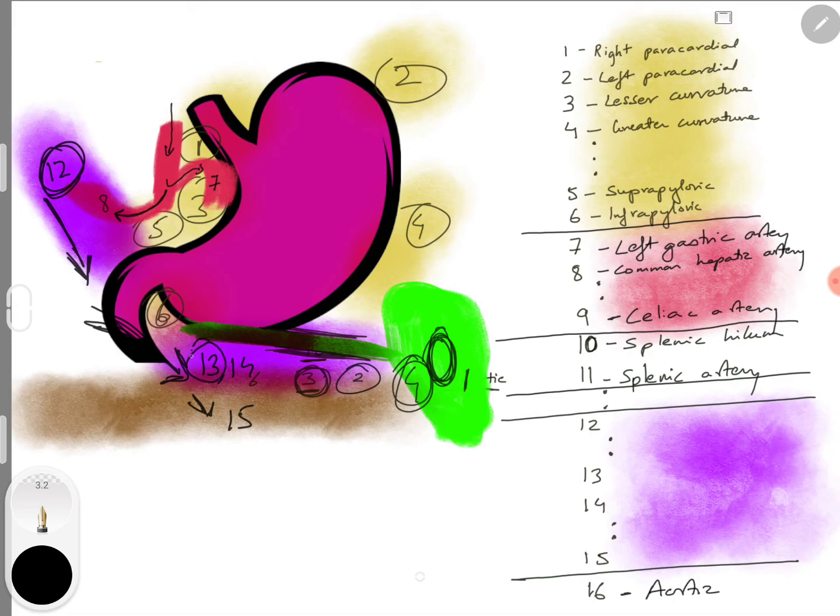So 13 is behind the pancreas, retropancreatic nodes. And what do you encounter behind the pancreas? Superior mesenteric vessels, the superior mesenteric artery and the vein. And then the blood supply of the transverse colon, middle colic artery is the 15.